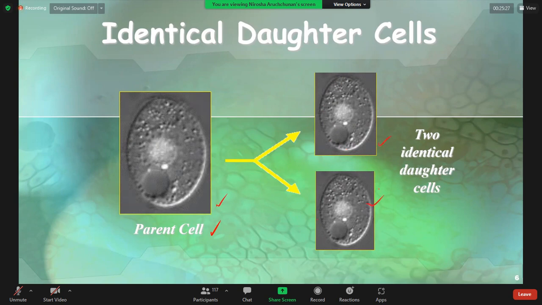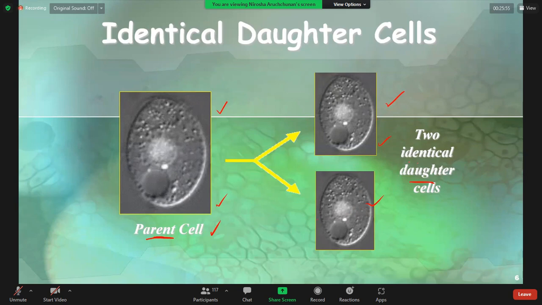So these are identical daughter cells, right? If the new cell formed from the old cell, that means, if we say this is the old cell and this is the new cell, the old cell is called the parent cell. The new cells forming from the parent cell are known as daughter cells, and those are the same in shape and structure.